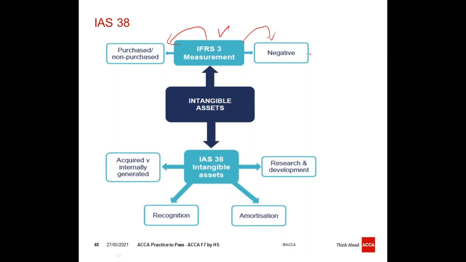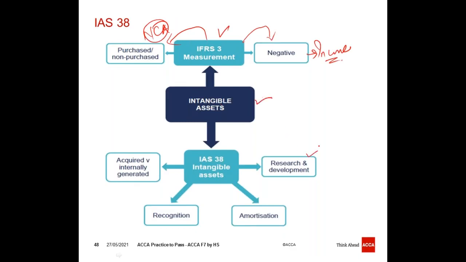Negative goodwill will be recognized as income in the income statement, and positive goodwill can be reported as a non-current asset. But keep this point in mind that you cannot recognize internally generated goodwill. Only purchased goodwill can be recognized. Same is the case with all the intangible assets.